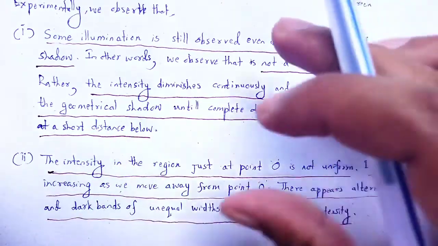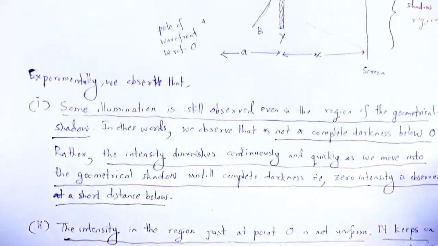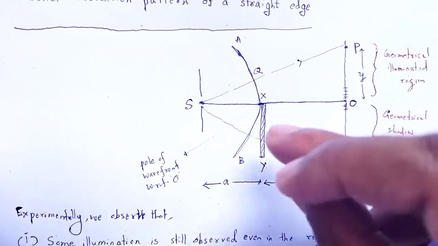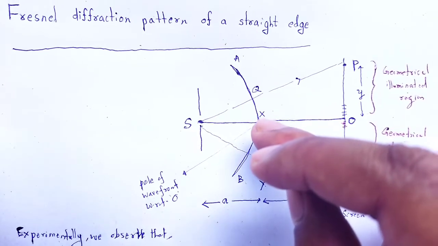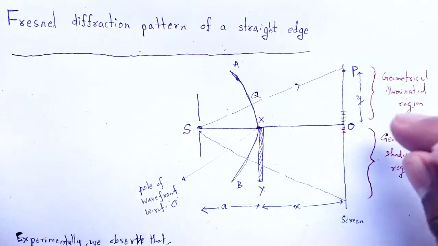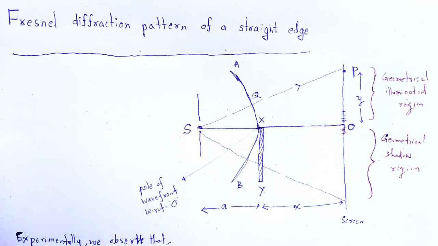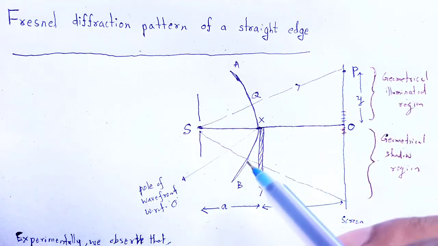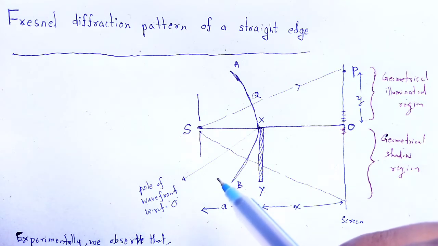These two points we observe experimentally in the case of diffraction at a straight edge. The phenomenon is named diffraction. How did Fresnel explain this diffraction at a straight edge using his assumptions?